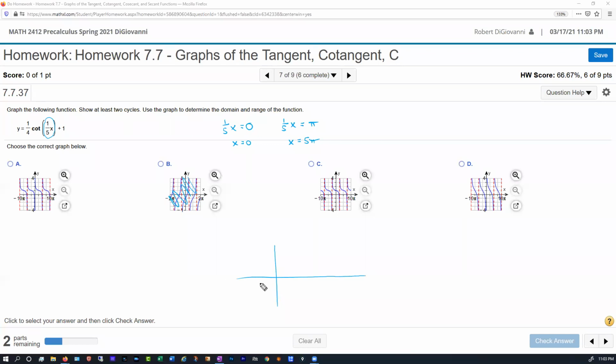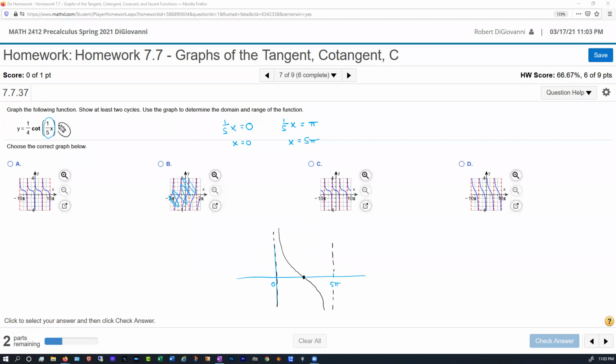So our graph is going to look like this. At 0, we have a vertical asymptote. And then at 5 pi, we have another vertical asymptote. Right in the middle here, we will have our x-intercept. And then the graph should look like this.